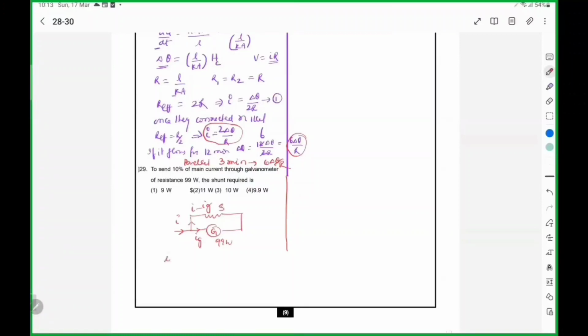So shunt resistance: I minus IG into S equal to IG into 99. 10% of main current, that is main current is I, 10% of current through galvanometer. So 10 by 100 I into 99.